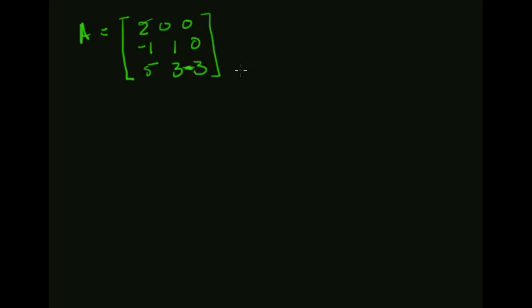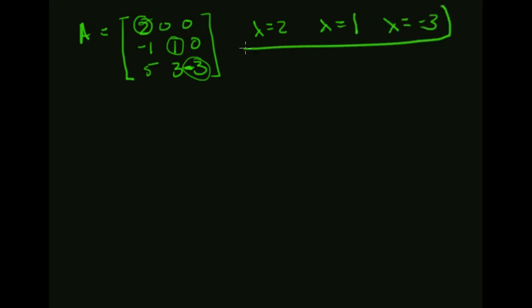We're going to leave this as an unproven theorem, but the elements going down the diagonal of a triangular matrix, so lambda equals 2, lambda equals 1, and lambda equals -3, are the eigenvalues of that matrix. So if you have a triangular matrix, either upper or lower or diagonal, the eigenvalues are going down the diagonal of the matrix.